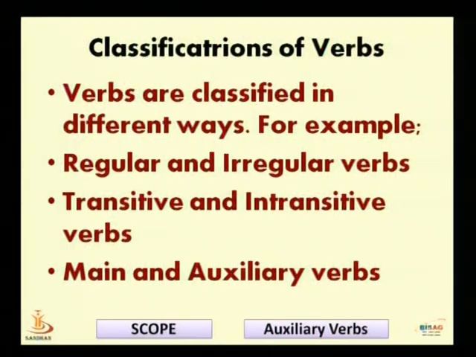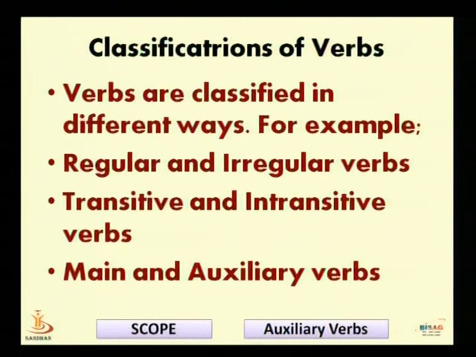Now, we can also classify the verbs in a number of ways. As you can see in the slide, verbs are classified in different ways. For example, regular and irregular verbs. It is very easy to remember, friends, because we have been using this type of verbs every day.